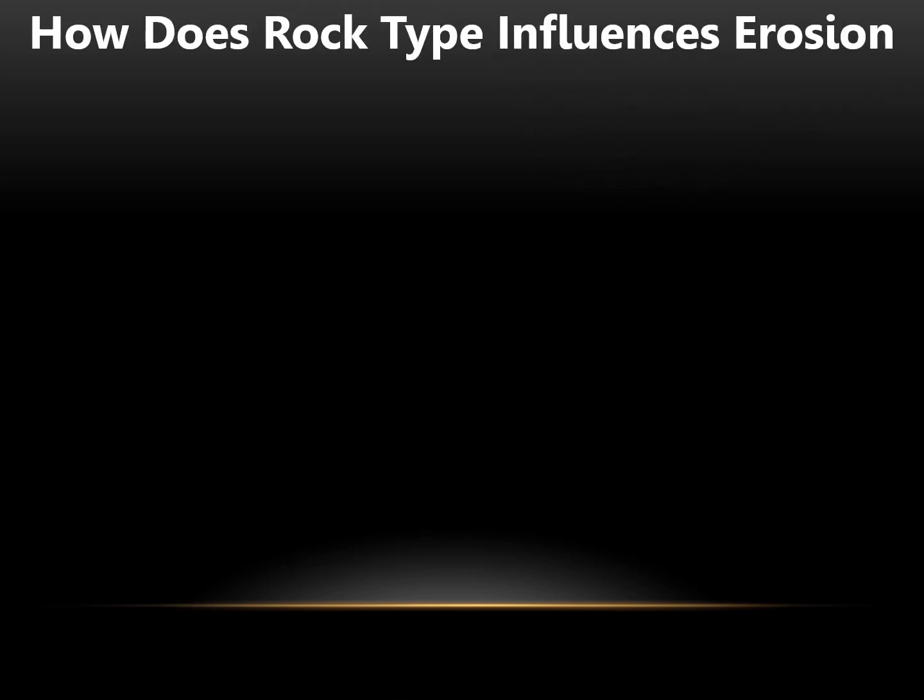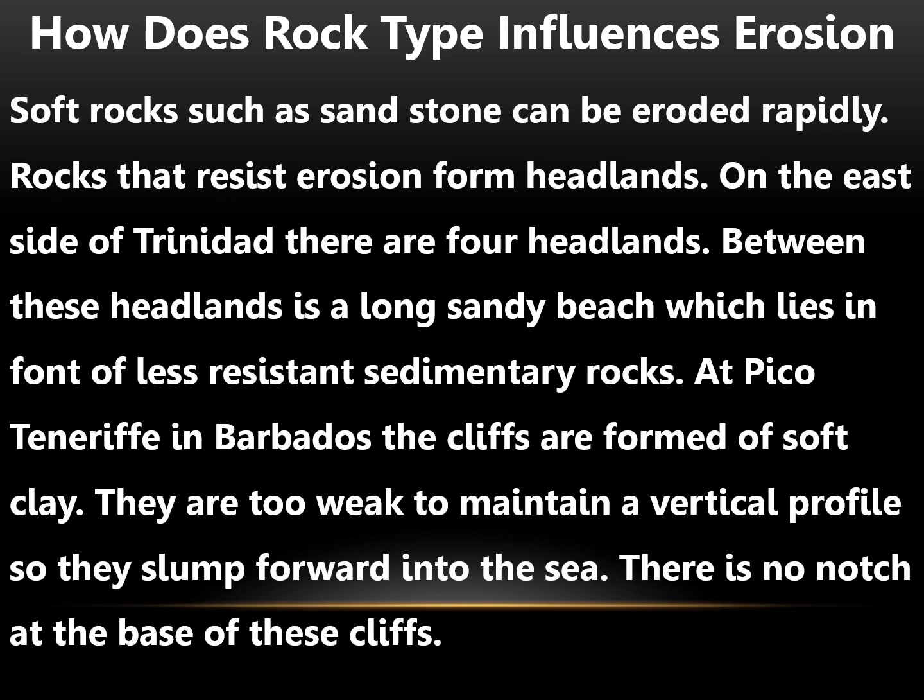Rock types are influenced by erosion when along the coast you have alternate layers of hard rock and soft rock. Now the hard rocks are resistant to erosion. They take a much longer time to erode. They don't erode so quickly. And then the soft rocks are easier to erode by wave action, so they are quickly eroded over a period of time.